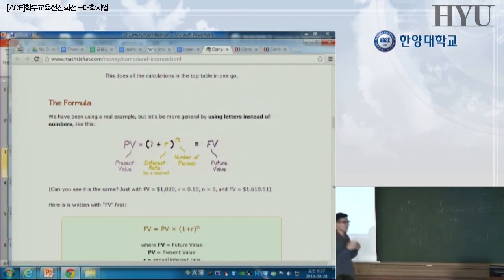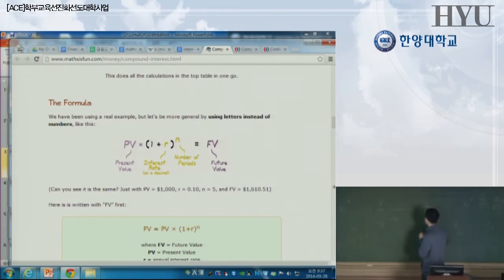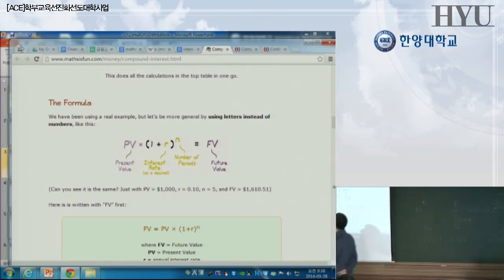And if we make the sub-period infinitely small, then this becomes a very big number. Then this one looks exactly like the definition. So this one converts to this one. Therefore, by the definition of e^x, this will converge to e to the power of R. Right? That's why e is fundamentally important in finance.